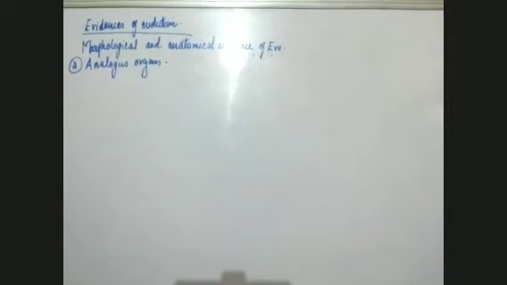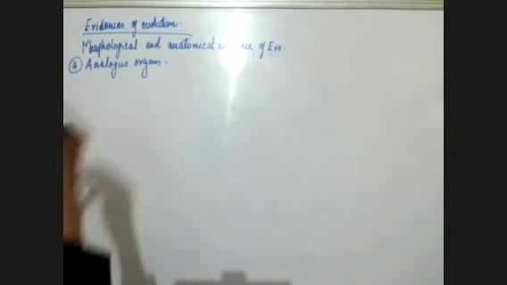In analogous organs, this is the opposite of what we have done before. Here, what do we have? We have different embryonic origin and basic structure, but functionally they are same.